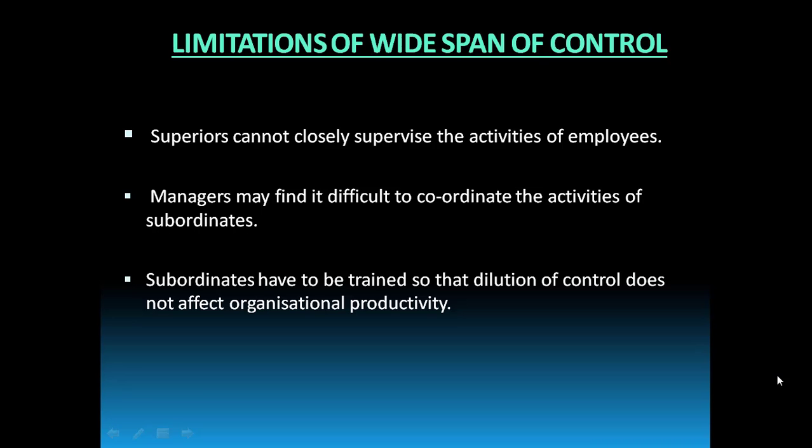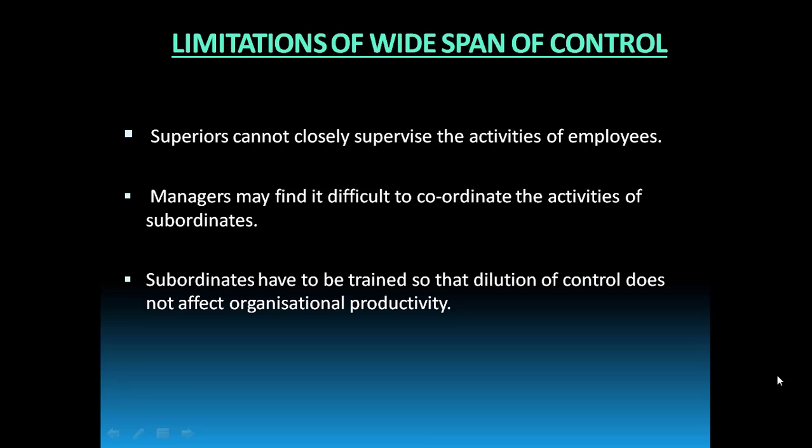Then the third is, the subordinates have to be trained so that the dilution of control does not affect organizational productivity. Now we saw that in wider span of control there is delegation of authority and decentralization of decision making. So basically the subordinates have the power to take decisions and do the work. Now if the subordinates are not trained properly, and they don't have the skills to take decisions, then they will automatically hamper the organizational productivity.